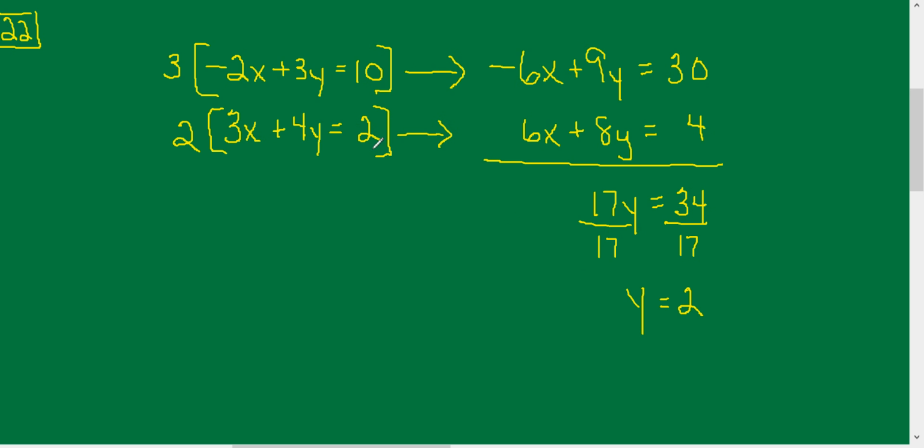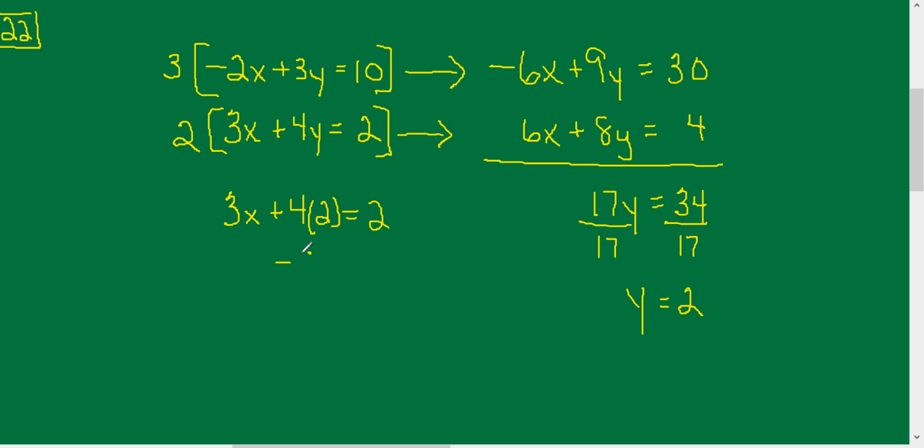Go back up to the original set of equations here and take one of them. Doesn't matter. I'll take this bottom one here. And if y is 2, this is going to be 3x plus 4 times 2 equals 2. Okay? This is 4 times 2, which is 8.